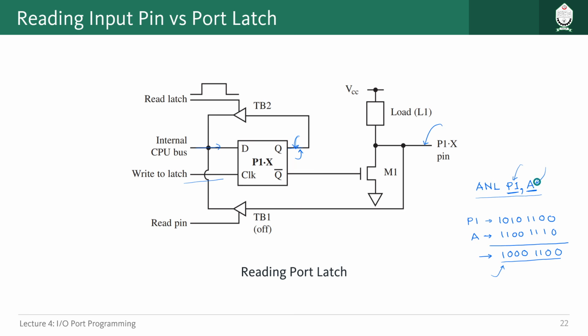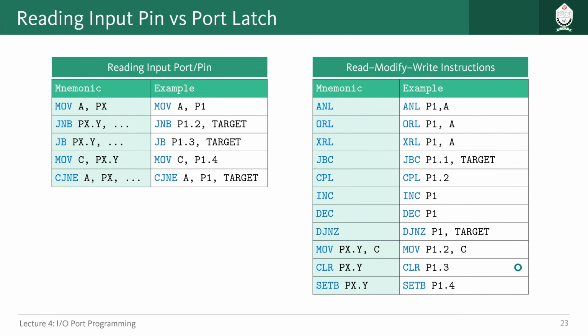This modified value again was written to the port. So these particular instructions are called read, modify, write instructions. First we read from the port latch, then we modify, and then we write the modified value onto the port. Okay, so these are these kinds of examples.